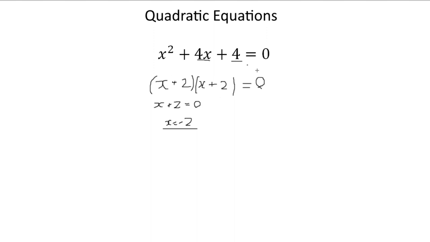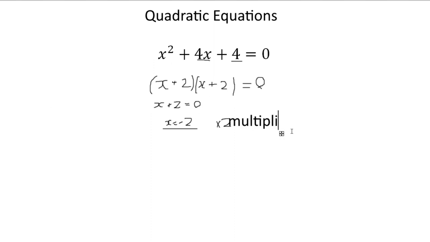When you have a situation like this, later on we will be talking about this a bit more, but this is for your own general knowledge: when both of the brackets give you the same answer, you could say that the quadratic equation solution is x equal to minus 2 with multiplicity of 2, right? I'm just going to type it out instead because it's better.